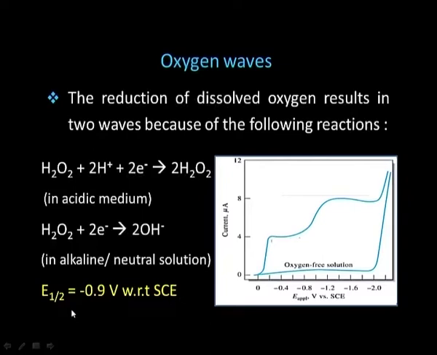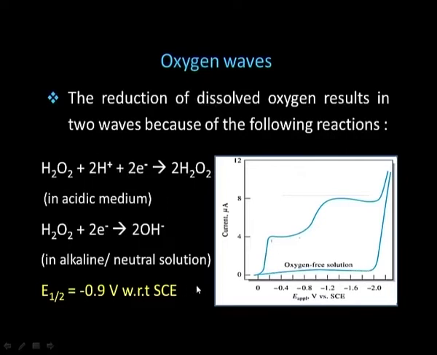The reduction potential for this reaction is minus 0.9 volt with respect to the saturated calomel electrode, and you can see here two well defined waves. Whereas, if we bubble nitrogen and remove the dissolved oxygen from the solution, we get the lower curve, which is the oxygen free solution, and these two waves are not obtained.